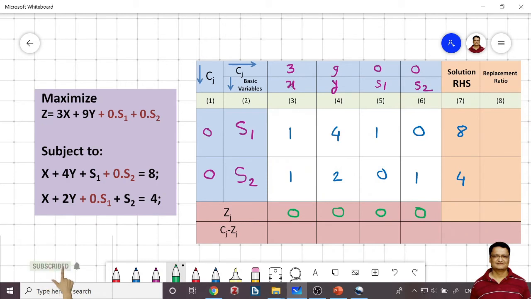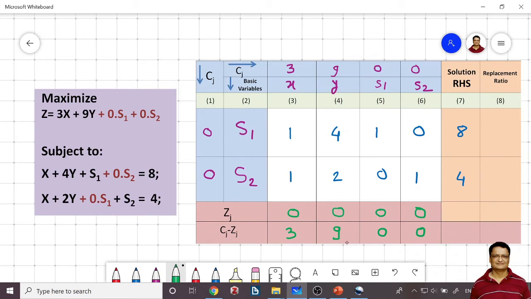The next step is to get the value of Cj minus Zj, that is 3 minus 0 will be 3, 9 minus 0 will be 9, and 0 minus 0 will be 0, 0 minus 0 will be 0. So we got these values of Cj minus Zj.